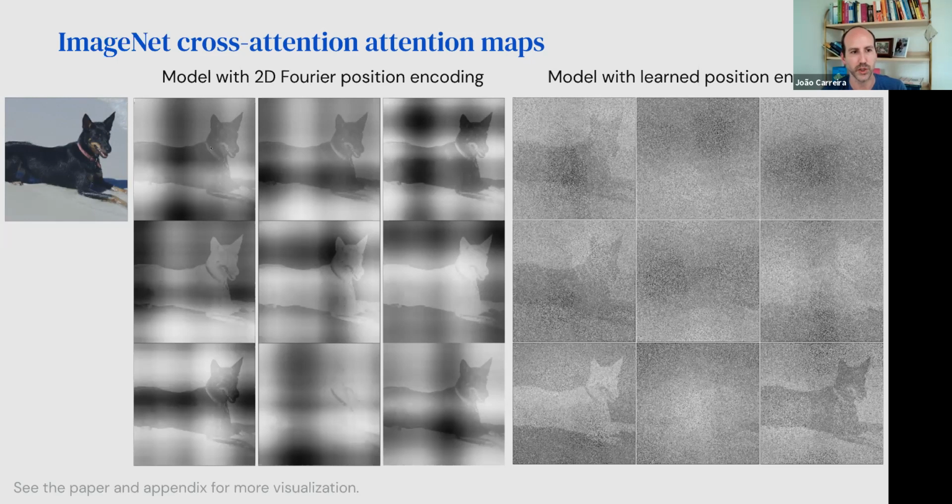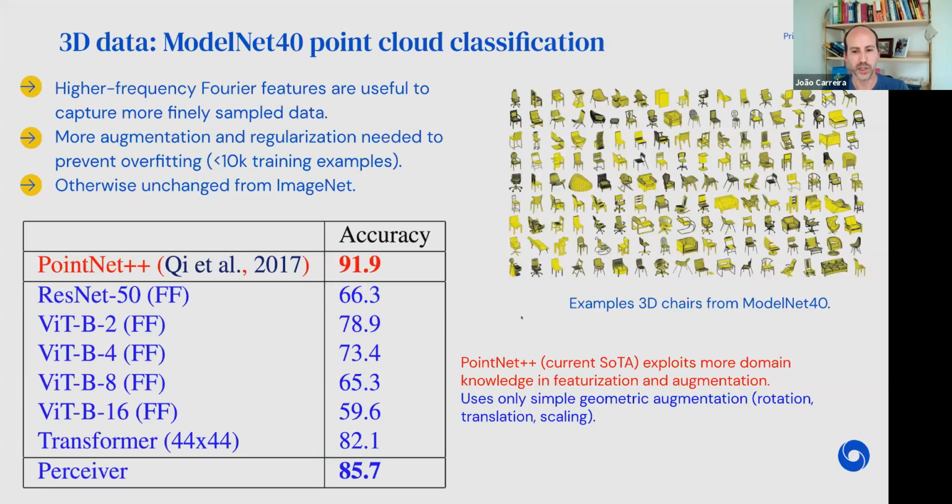So if you see the dog here, it's because there's some content dependency in the attention. The model with learned position encoding, where we don't feed the position at all, is slightly different. I guess it has many more parameters and it looks slightly more noisy. And that's it for ImageNet.